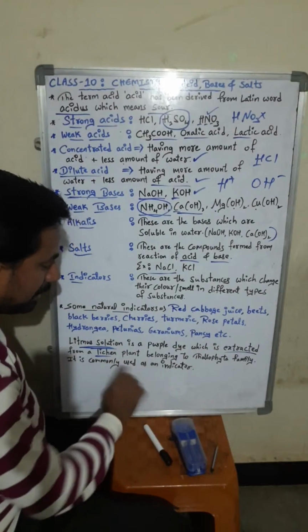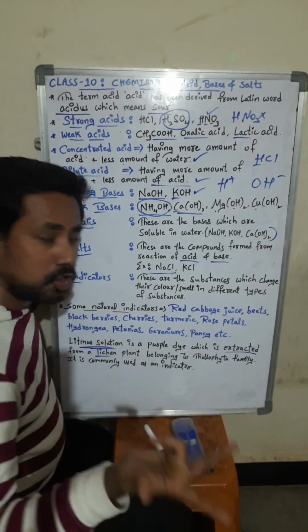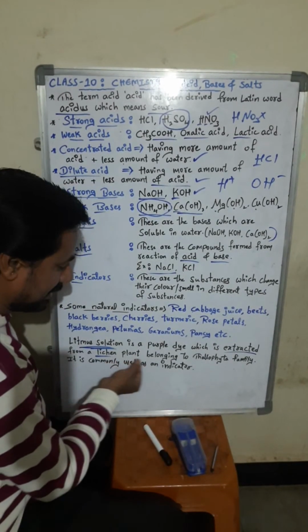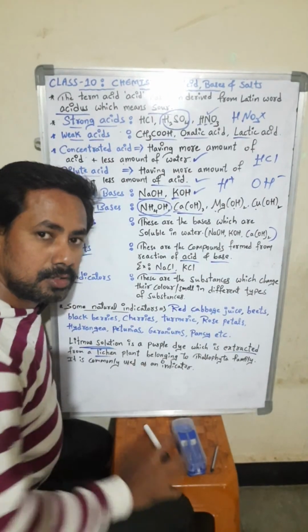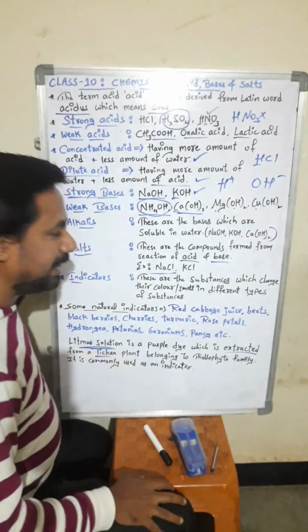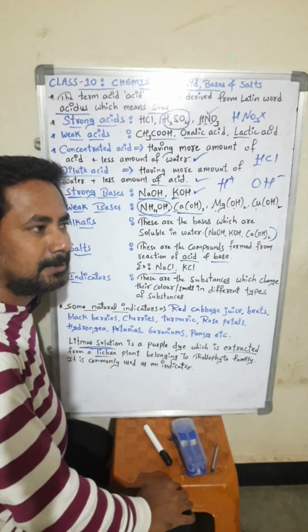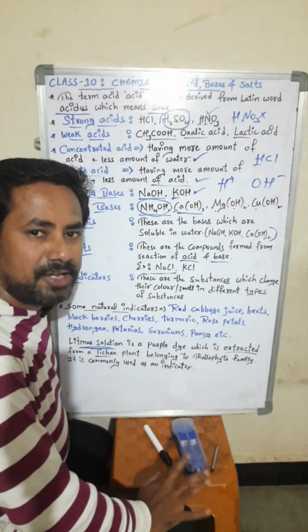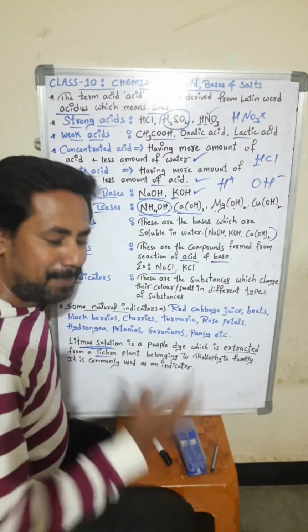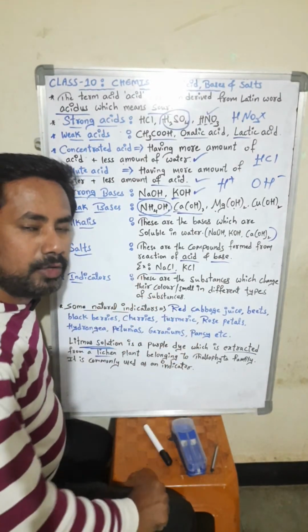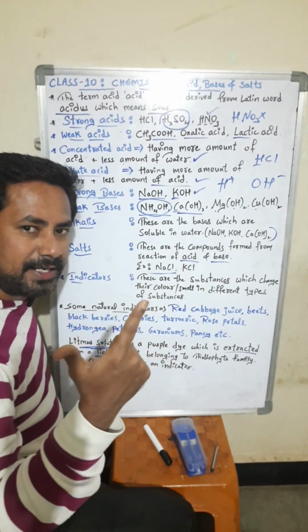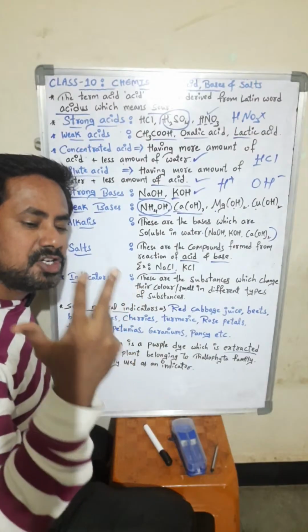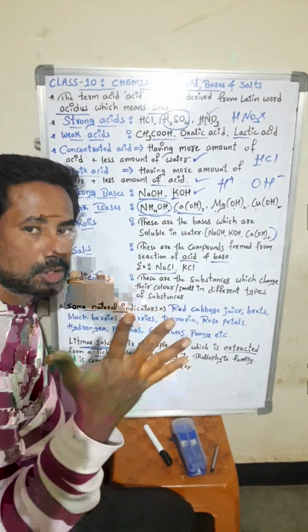In biological terms, the lichen plant belongs to the Thallophyta family, students. What do we mean by Thallophyta? In 9th class we studied this in diversity in living organisms. Plants are classified into 5 different types: Thallophyta, Bryophyta, Pteridophyta, Gymnosperms, Angiosperms.